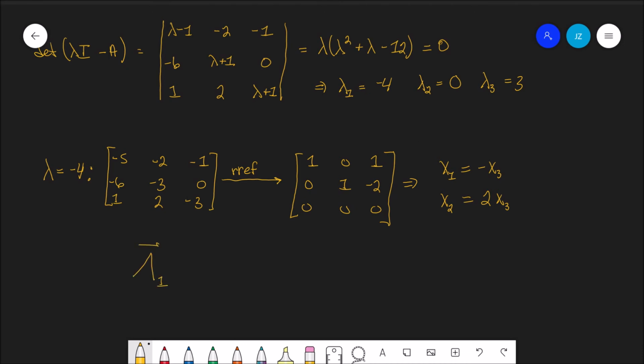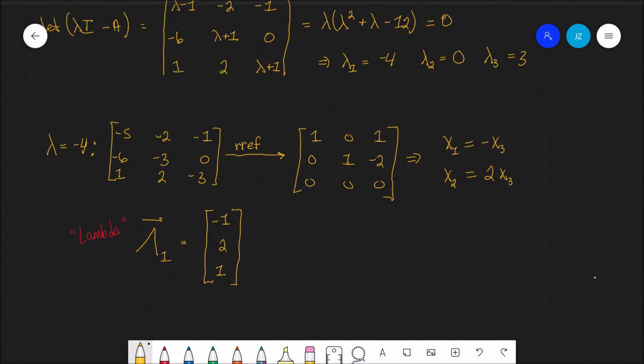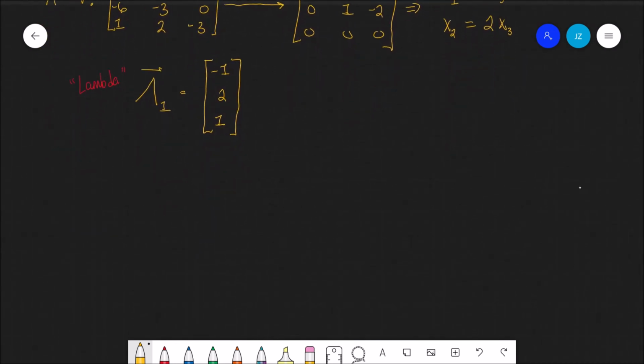Then lambda 1, our first eigenvector, will be negative 1, 2, and 1. We're going to repeat the process for the other two eigenvalues.